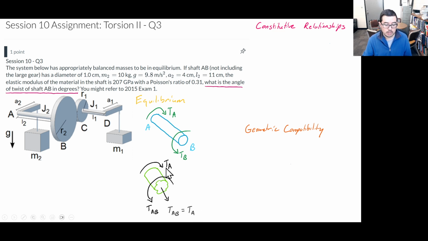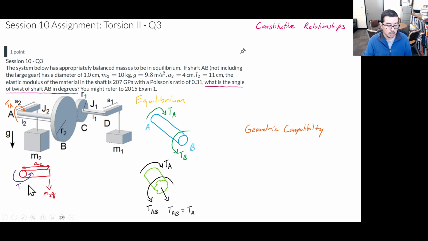Now, where does this TA apply its load as we look at this entire system? It's applying it right here. And how is that torque being applied? It's being applied by a lever arm right there, which has length A2, and it's going to have M2G hanging down from this side.